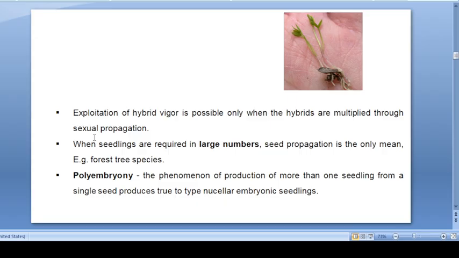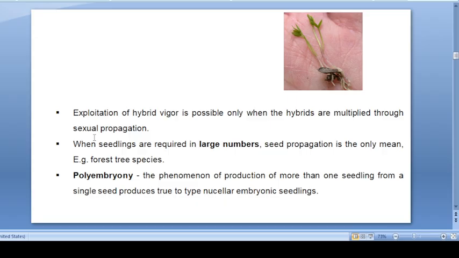That means from a single seed you can get 3 to 4 seedlings. Our single seed has the ability to produce 3 to 4 seedlings. This can be exploited only through seed propagation. Examples are jamun, jackfruit, and also mango.